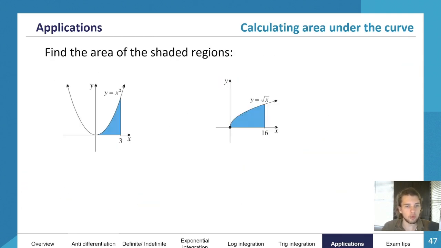So we want to find the shaded area of the shaded regions of these diagrams here. So let's do that. I sort of know based on y is equal to x squared that this line hits y is equal to 0, hits the x-axis at x is equal to 0.